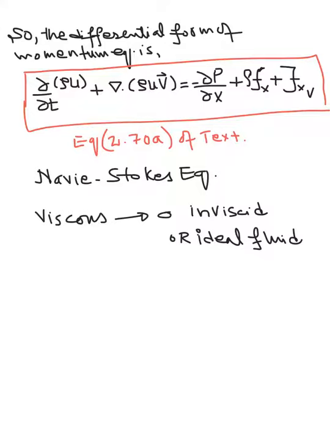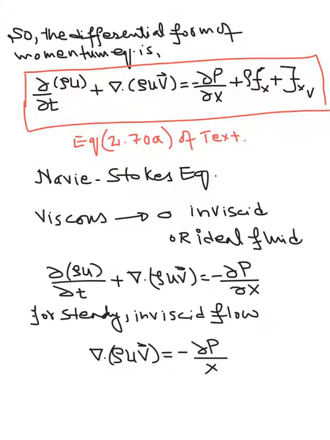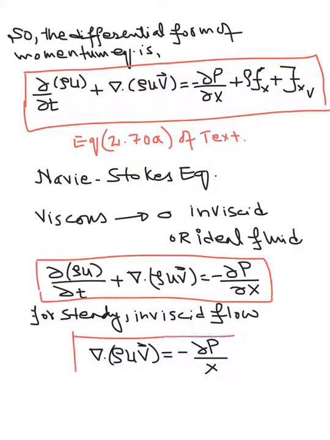So for ideal fluids, the viscous force will become 0 and I can write down the remaining equation. This equation is my Euler equation for unsteady flow, and this equation is my Euler equation for a steady flow. Call it the Euler equation.